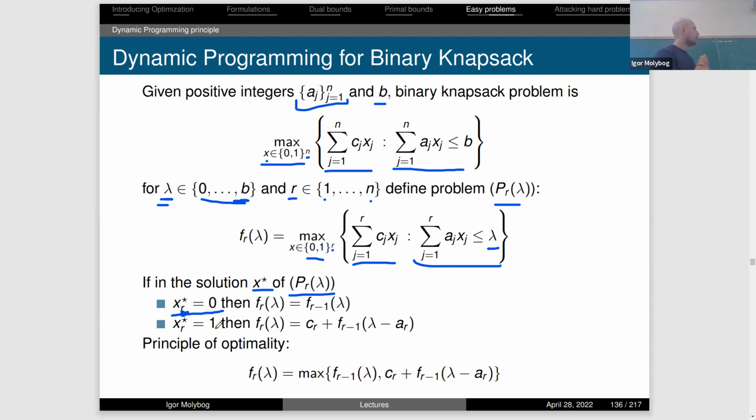And if x_r is equal to 0, then... so let's see. Let's say that we have this vector, 0, 1, and so forth, and then there's the component r, and it can be either 0 or 1. This is our x star.